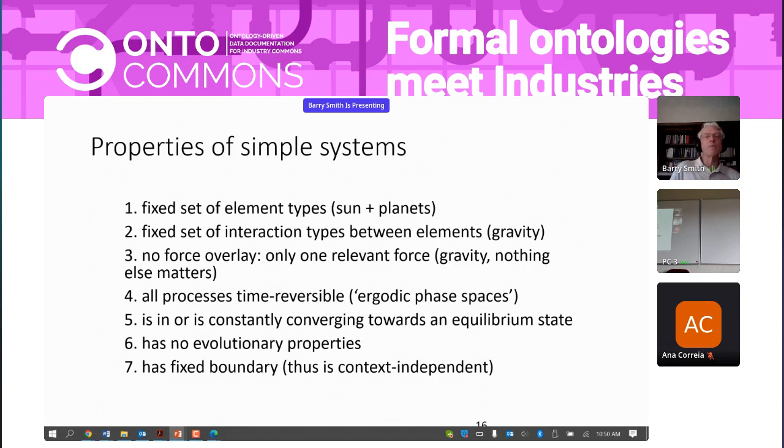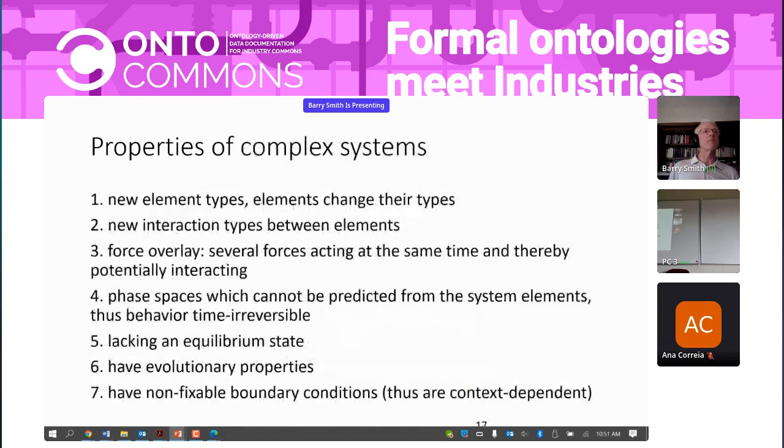AI will not work if you have non-ergodic phase spaces, because you will never collect representative sampling data to train your neural network if you do not have an ergodic phase space, because no subset of the data is representative of the whole space. That's what ergodicity means. I don't need to say any more, I think. So simple systems have these properties. Complex systems don't have those properties. They have new element types. For instance, adults are born, dictators arise.